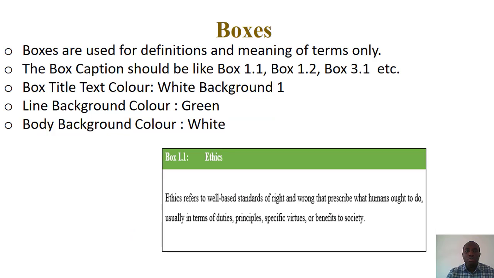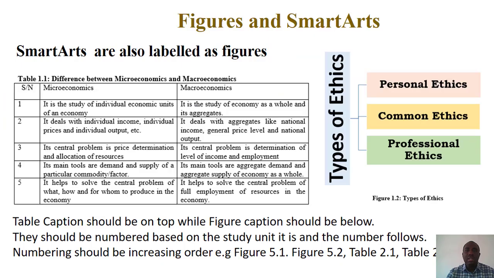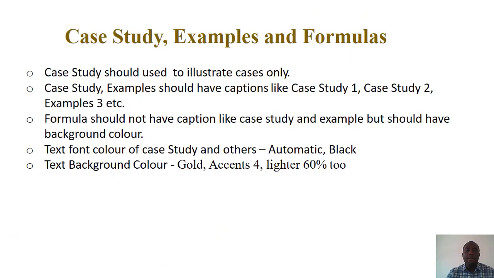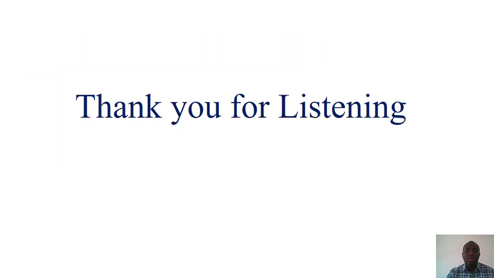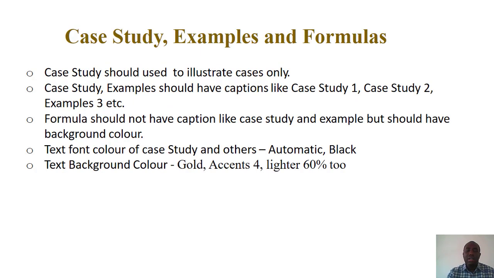It is also going to include how the boxes are going to look, how the figures and smart arts should look, how the case studies, examples, and formulas are going to be colored, paragraphed, and the type of colors used as the background color. All of these are inside the template of Kampala International University.